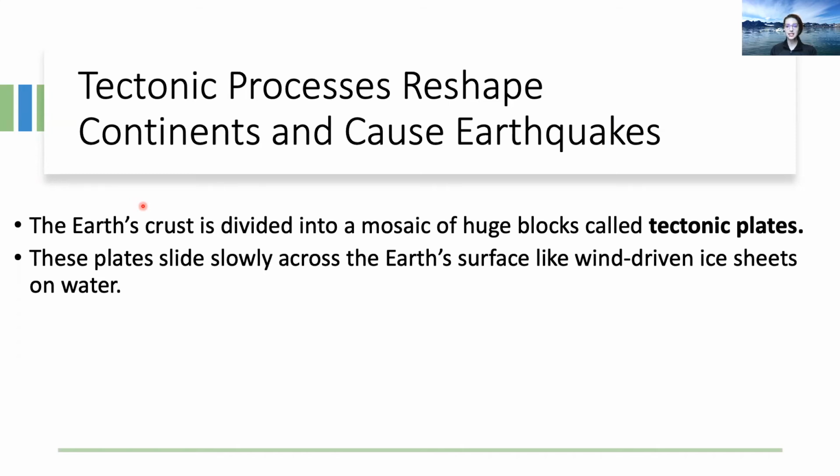In some places of the globe, this tectonic plate movement is happening at about the pace that fingernails grow, just to give you a sense of how long it takes to shift these plates around.